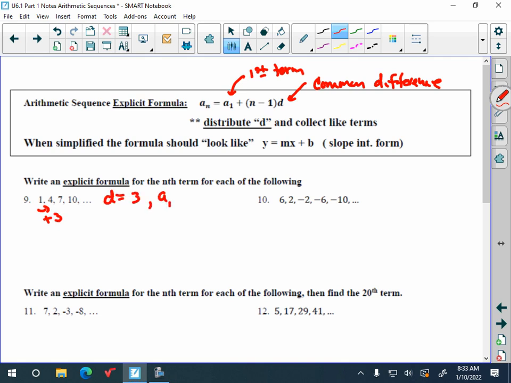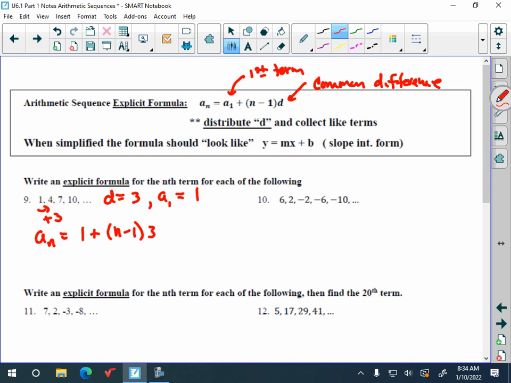Our a1 term is 1, the first term. So we're going to take those two values and plug them into this formula. So an equals 1 plus parentheses n minus 1 times the d value, which is 3. So that's the first step. Just plug those two numbers into their respective places.